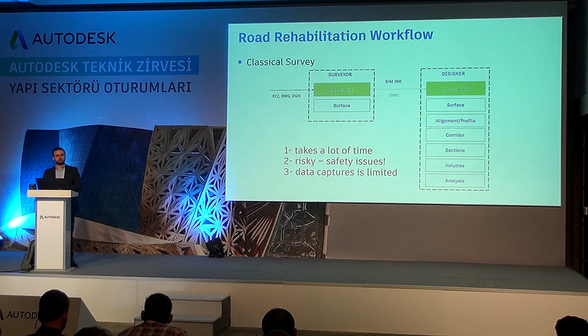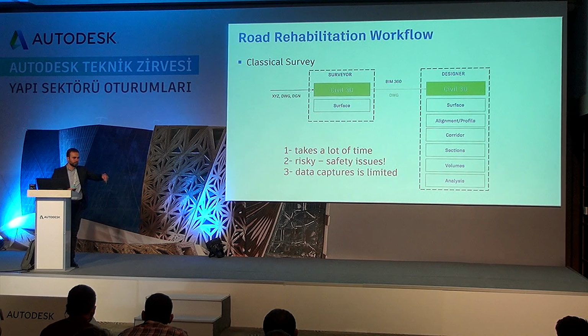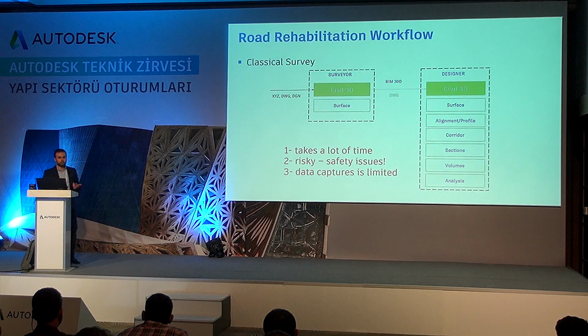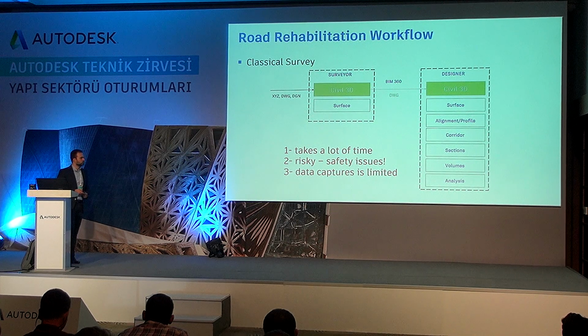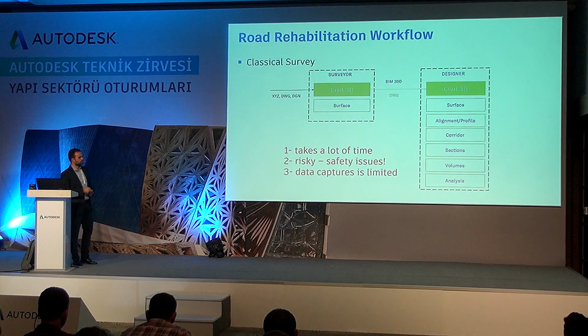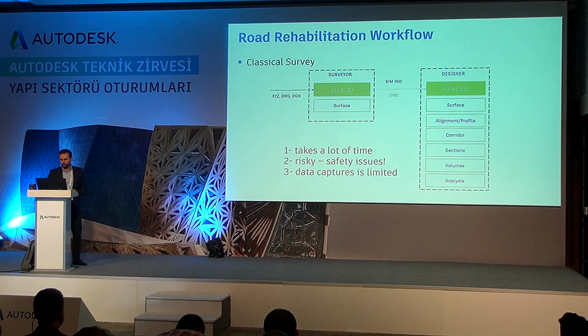Would you need to send the crew over there to take points while the cars are moving fast? It's very risky. It's life-threatening. So this is where we use the point cloud or laser scanning instead. And same in regards to the data. Sorry, this one should be data capture. Data capture is limited because we're picking just a few points instead of billions of points.